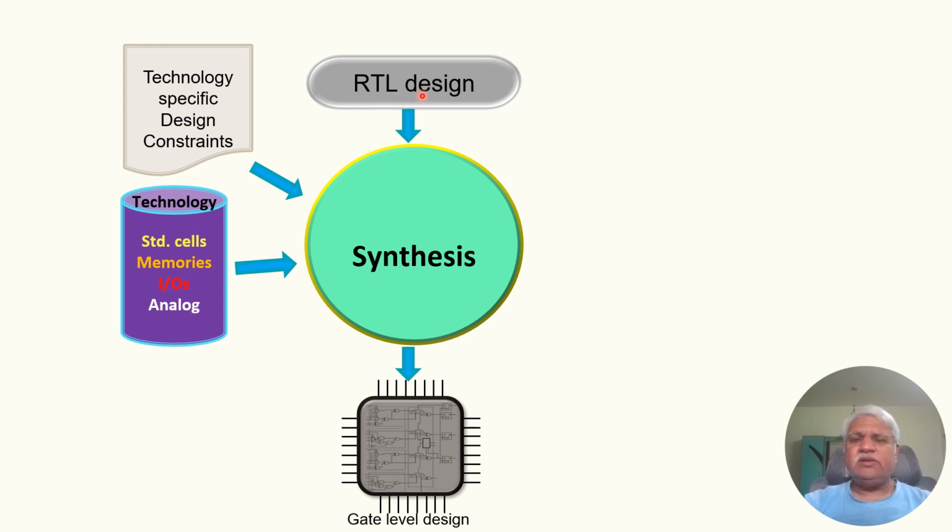So when this step of synthesis is processed, this is a pure logic based synthesis. In this logic based synthesis, mainly the RTL design will be converted into the respective logic gates.